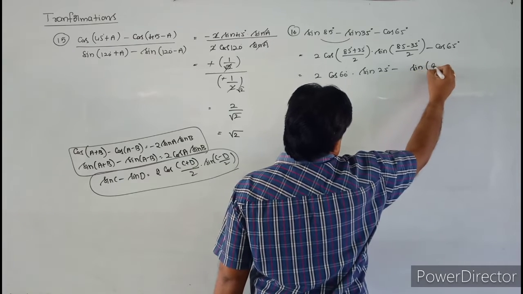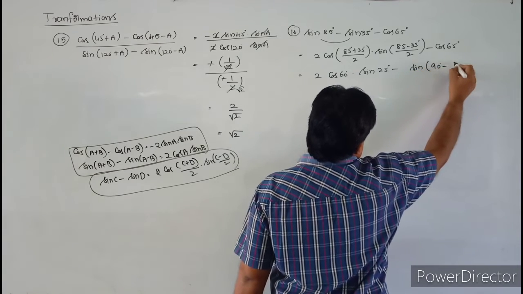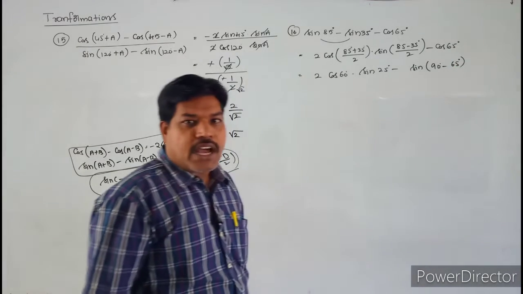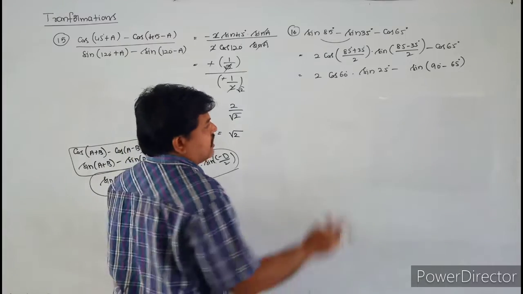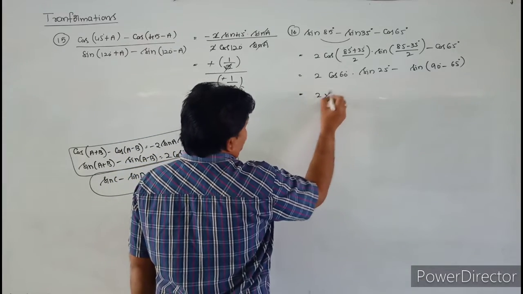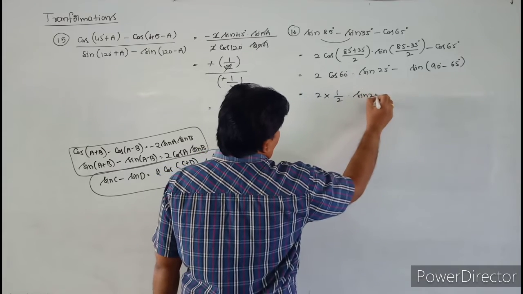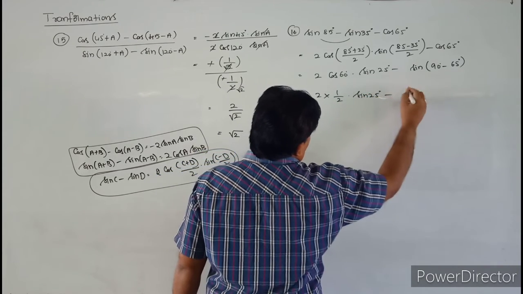Cos theta you can write as sin of 90 minus theta. Why am I writing like that? 2 into cos 60, which is 1 by 2, into sin 25 degrees minus sin of 90 minus theta.